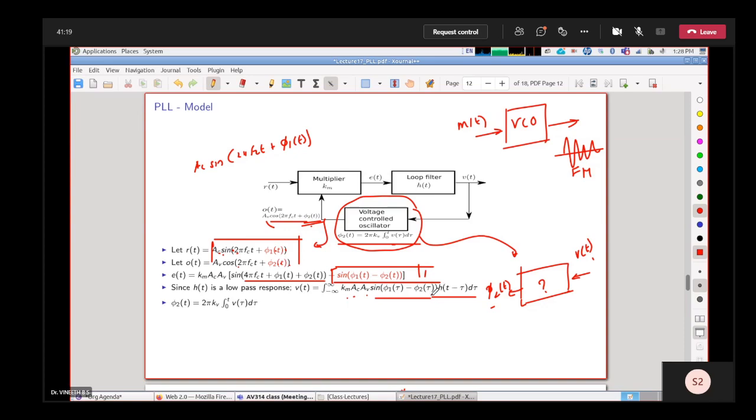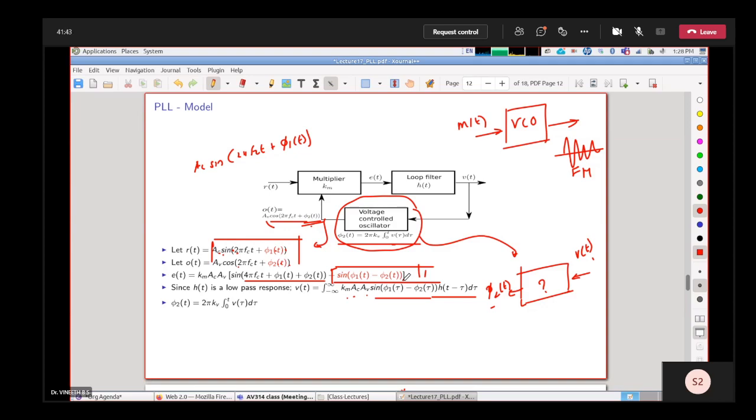But since we are understanding h of t as some low pass filter, and the 4 pi fc t component is getting filtered out, yes, we will be getting the sine of phi1 of t minus phi2 of t. So it will be some gain multiplied by this, right, sir?